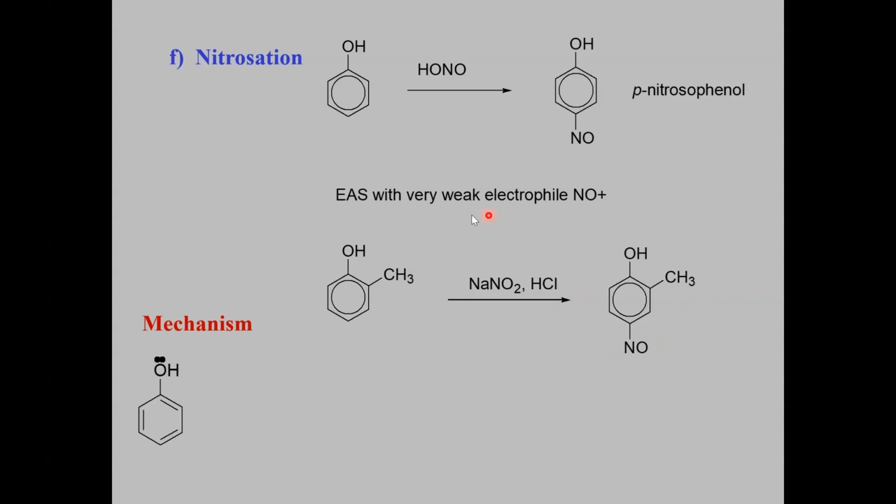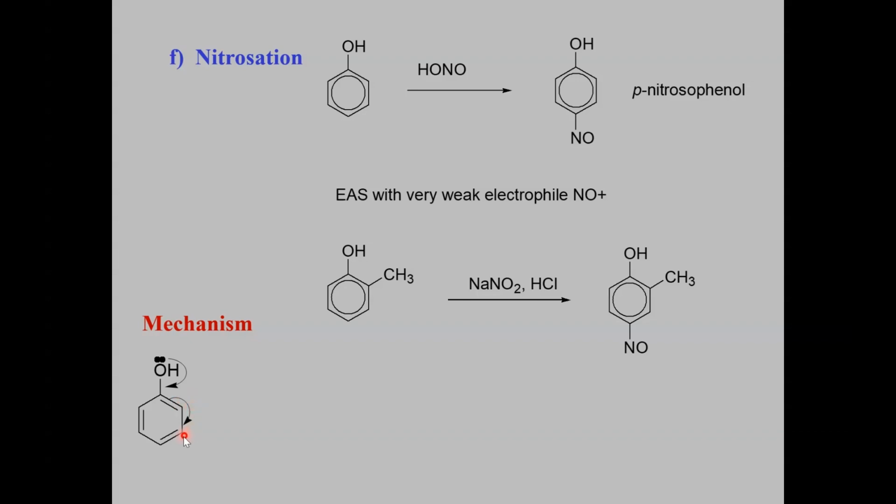Phenol has a lone pair of electrons on its oxygen. This is donated by the OH group to the benzene ring system. When these electrons are donated, this forms a double bond and this carbon has to maintain its tetravalency. That's why these pi electrons will be kicked off to the next position.